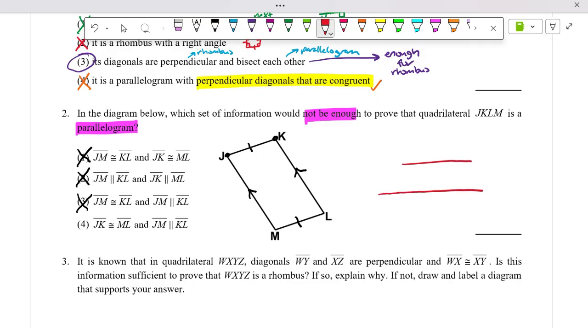What type of trapezoid has two congruent sides and parallel lines? So this is a trapezoid, same conditions. What is that? It's an isosceles trapezoid.